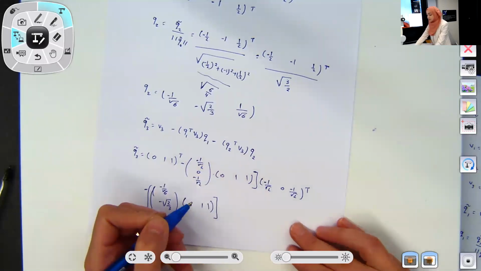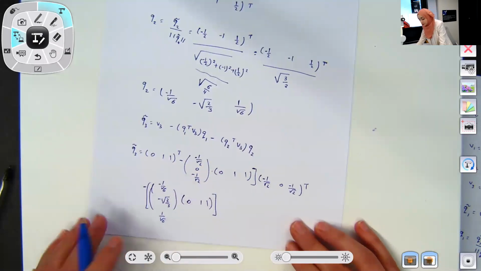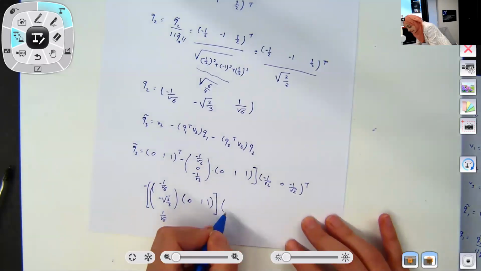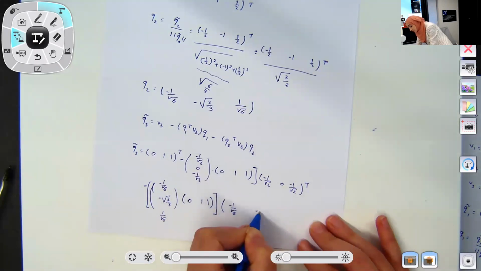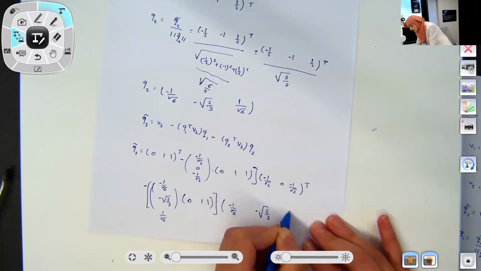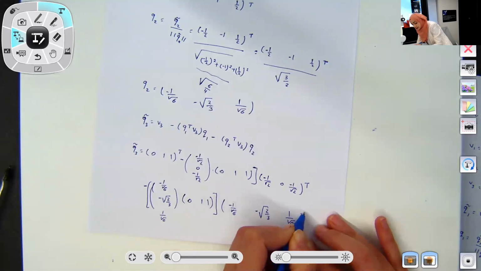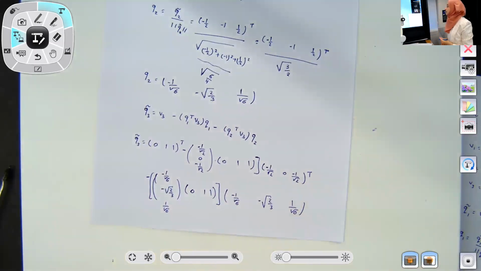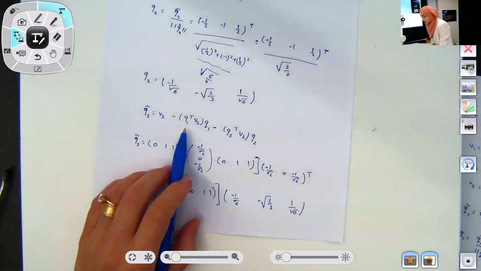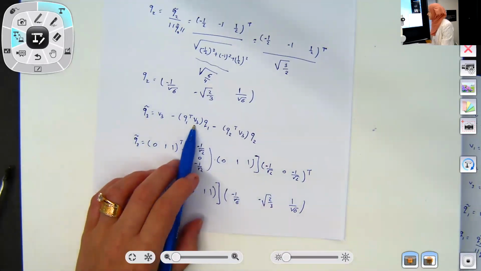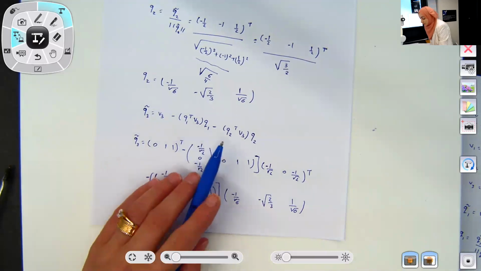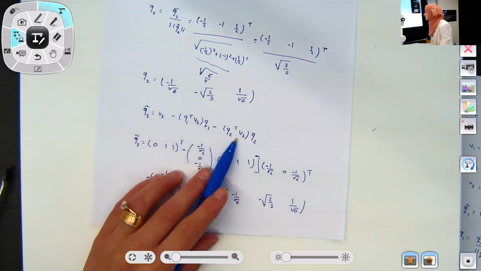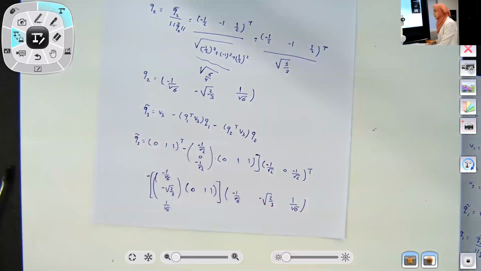And all of these are multiplied with the value of Q2, which equals minus 1 over square root of 6, minus square root of 2 over 3, and 1 over square root of 6. So at the beginning, we need to find the inner product of Q1 transpose times V3, and the value of Q2 transpose times V3. Then we need to simplify, okay?